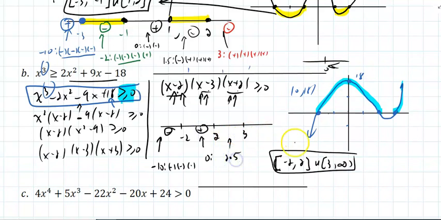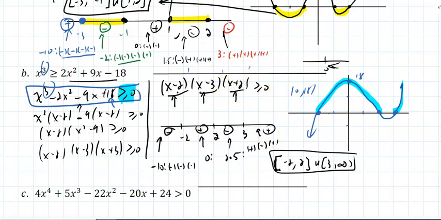Remember, I don't want the value, so 2.5 is not that bad of a deal, because all I want to know is, if I put a 2.5 in there, 2.5 minus 2 is positive. 2.5 minus 3 is negative, and 2.5 plus 3 is positive. That will make it a negative. And a point to the right of 3, say 10. 10 minus 2 is positive 8, that's positive. 10 minus 3 is positive, so here we have all positive.